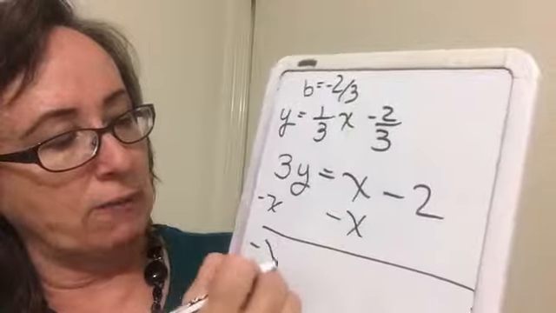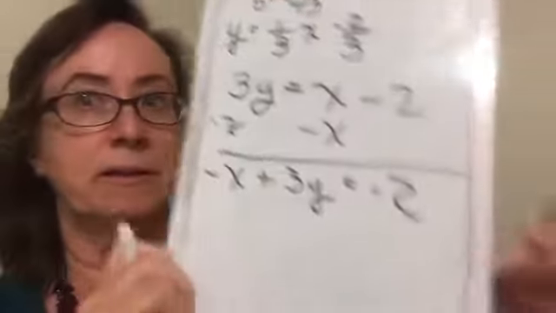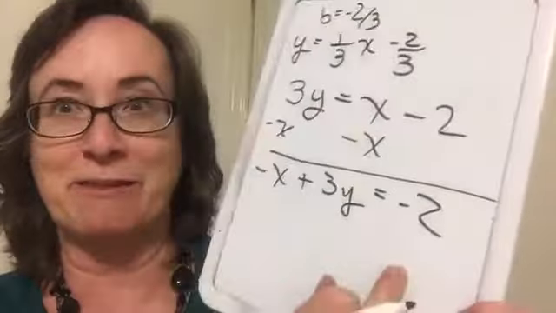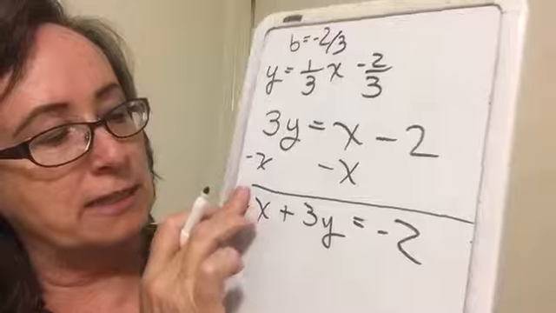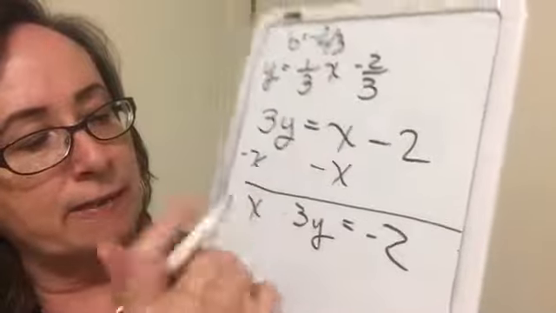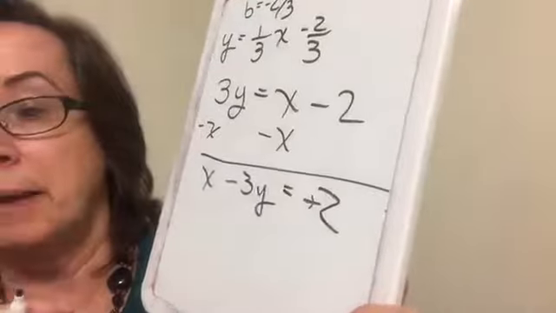So now I have -x plus 3y is -2. But now I have to multiply everything by a negative because we can't have a negative on the front, which changes this sign to positive, this sign to negative, and this sign to positive. So x minus 3y equals 2 is the equation of the desired line in standard form, and we have very thoroughly covered 4.3. May God bless your day.